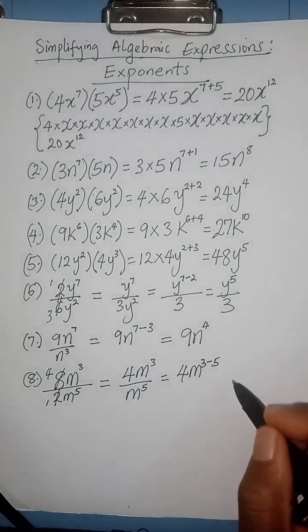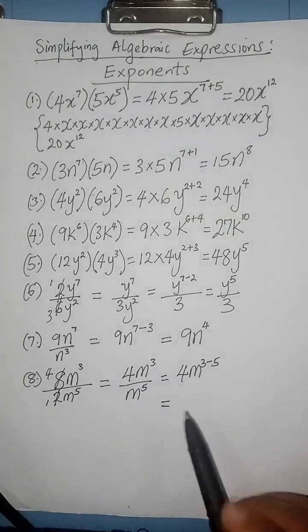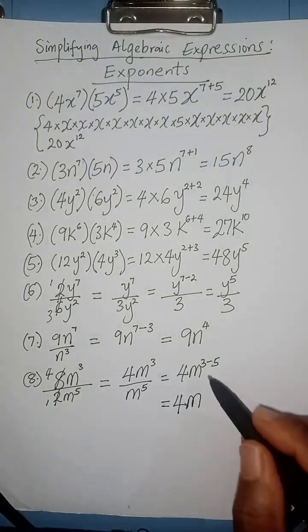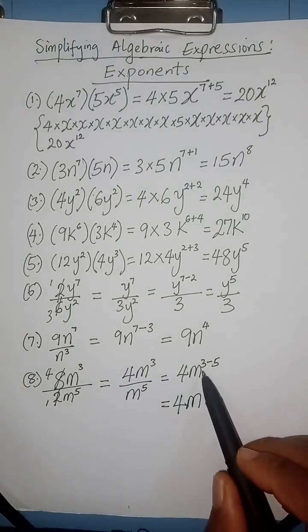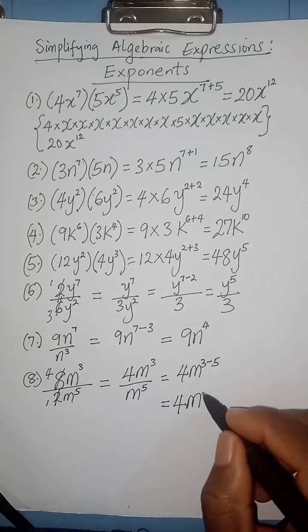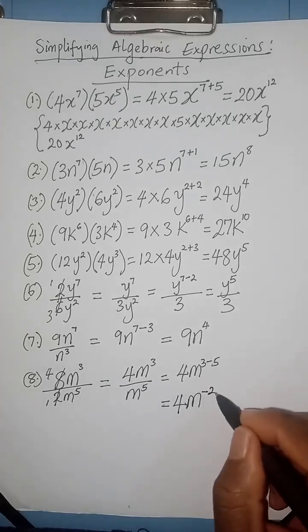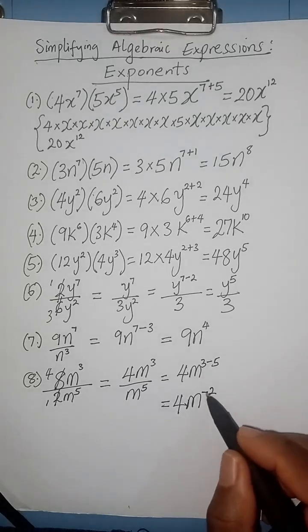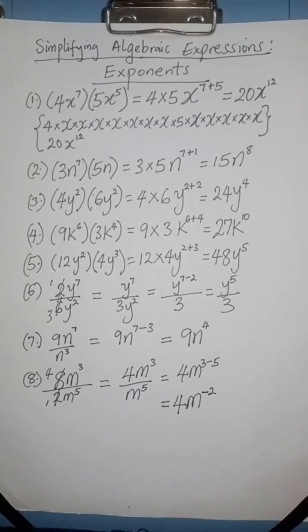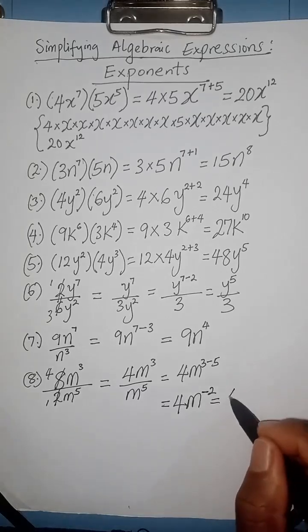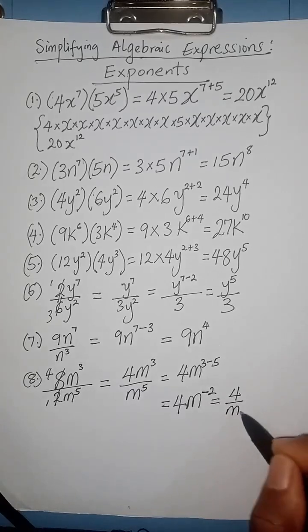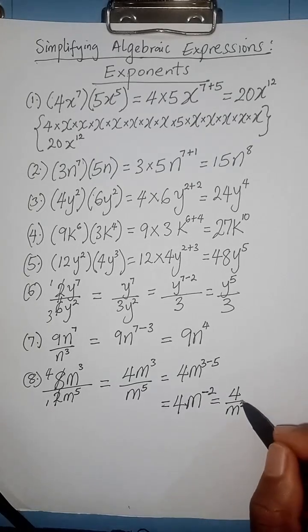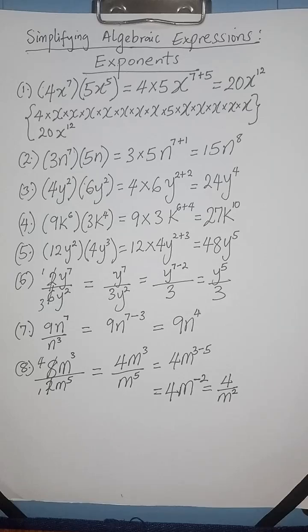And this will give you 4m, 3 minus 5. And when a small number is subtracting a bigger number, there'll be a minus. So 5 minus 3 is 2. So this is 4m raised to power minus 2. And this can be rewritten as 4 over m raised to power 2. So m raised to power minus 2 is the same thing as 4 over m raised to power 2.